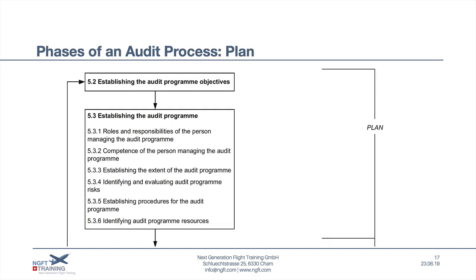Combined with the requirements of ISO 19011, which is the requirements for a management system audit, we have combined these requirements into one tool. So basically you can see here we have the different phases in our tool. First, we begin with the planning part, where we establish an audit program.